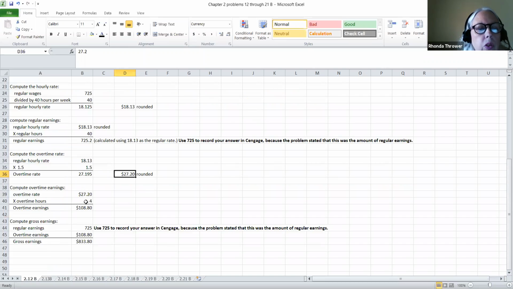So we simply multiply the overtime rate that we calculated here by 4 hours of overtime hours, and that will give us the overtime earnings. To compute the gross earnings, you're going to add your regular earnings plus your overtime earnings together to get the gross earnings.